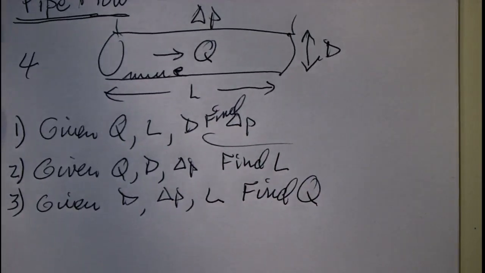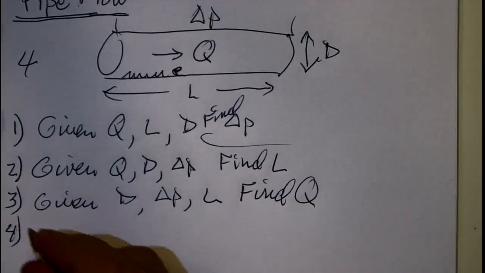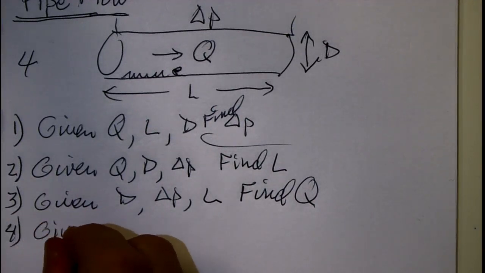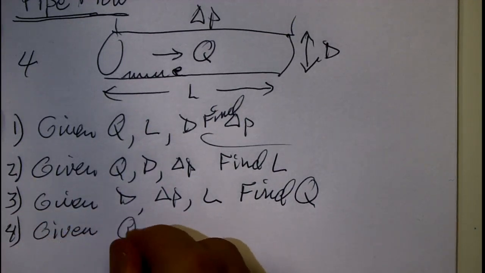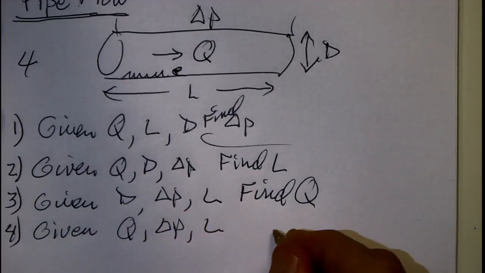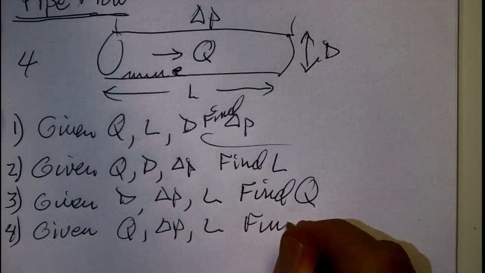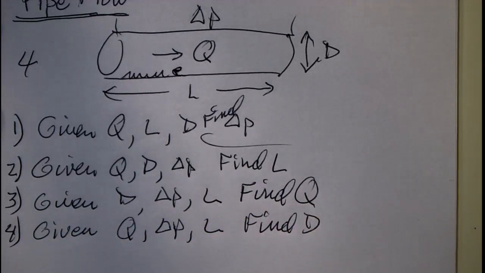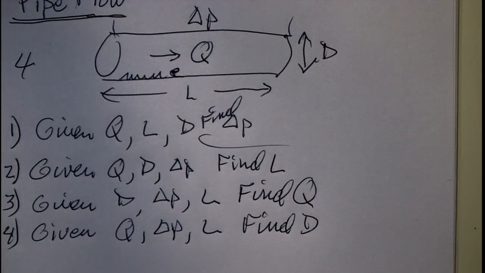And probably the most difficult problem is, given flow rate, pressure drop, and length of the pipe, you find diameter. Those are the fundamental types of pipe flow problems out there.